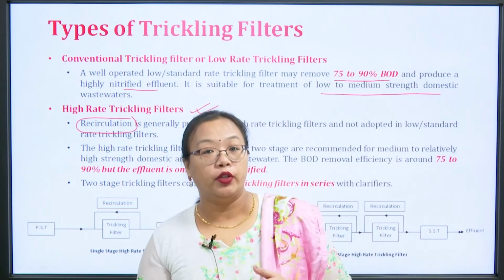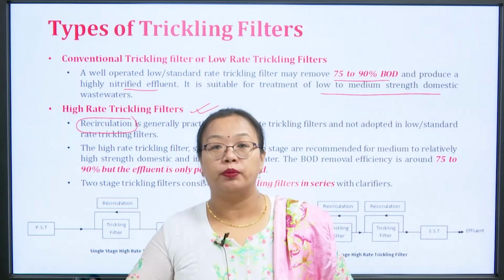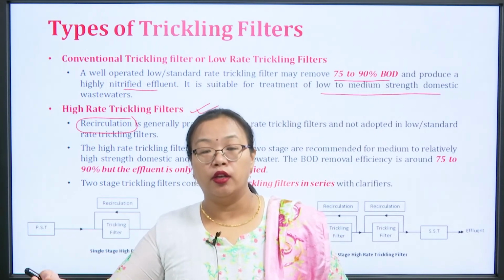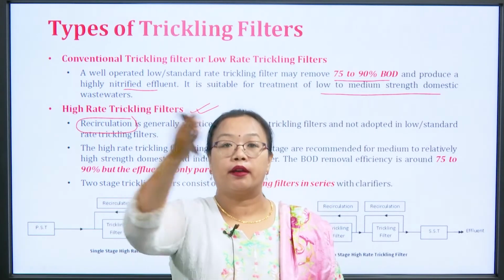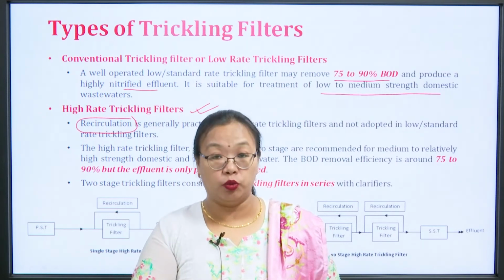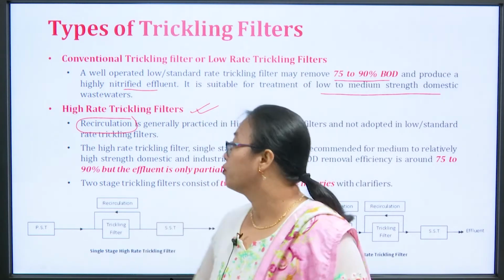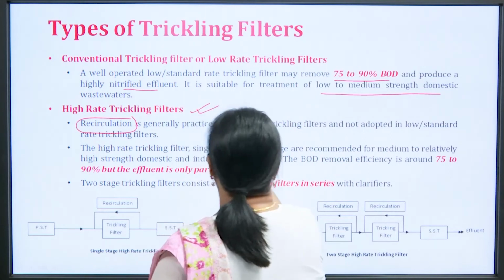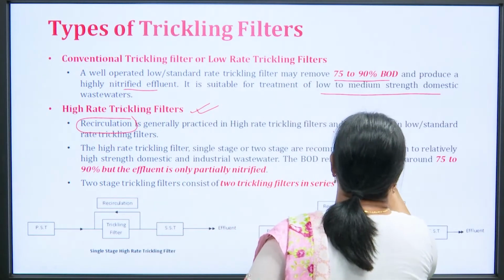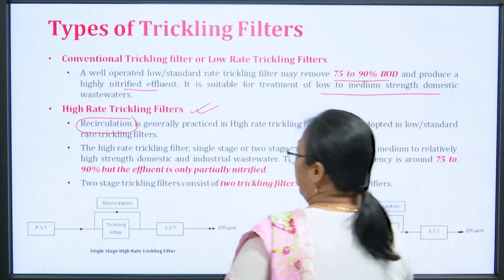In high rate trickling filters, we send back a part of the treated effluent from the trickling filter to the trickling filter again. Recirculation is generally practiced in high rate trickling filters and not adopted for low or standard rate trickling filters.